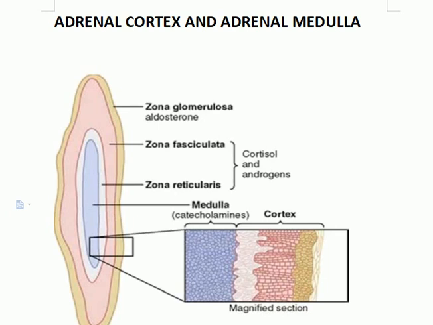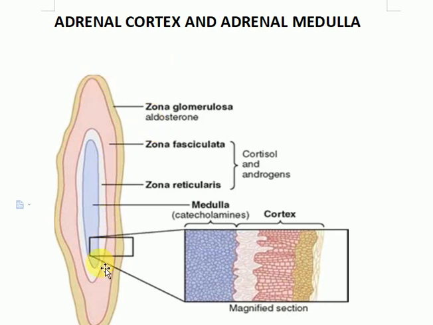So the two portions: the outer one is the largest portion, which is the adrenal cortex, and the inner portion is the adrenal medulla. The adrenal cortex is responsible for steroid hormone secretion.